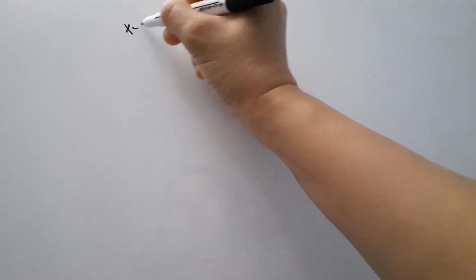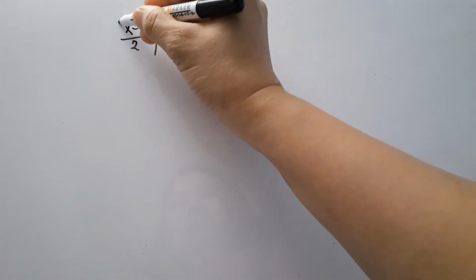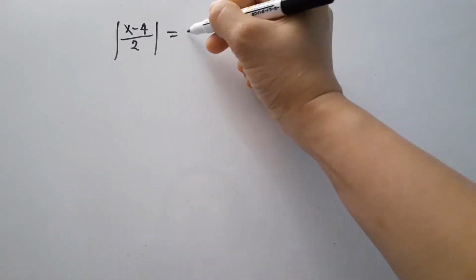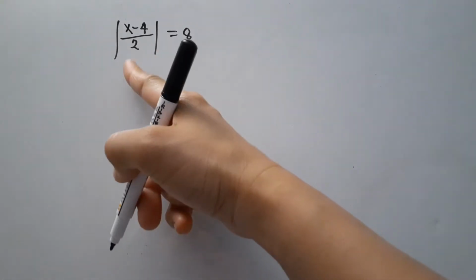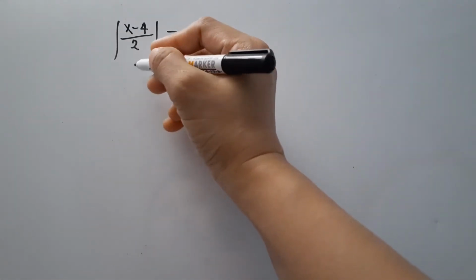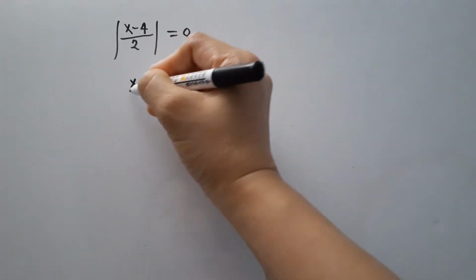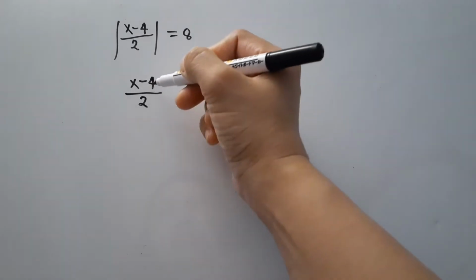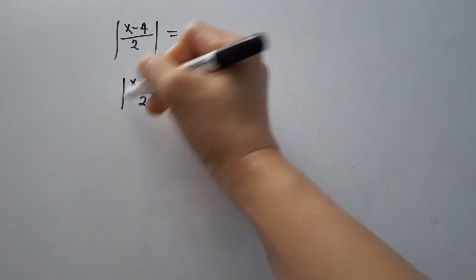And let's have another example. We have the absolute value of (x - 4) over 2 equals 8, where we have a fraction. So the first thing to do is use the least common denominator, 2, so we multiply each side by 2.